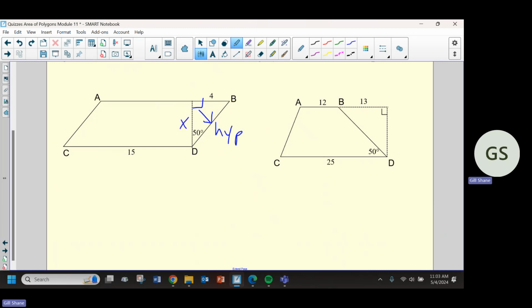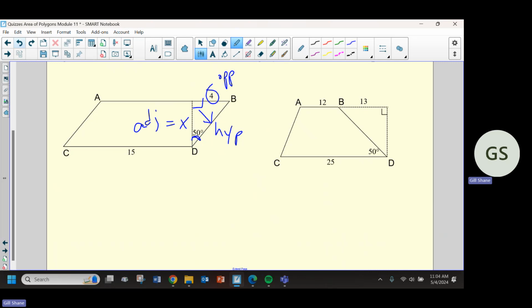This is the side I need over here. I'm not really going to use the hypotenuse. If this is the angle I'm using, this side is the opposite side. It's across from the 50-degree angle I'm using. Then this has to be the adjacent side. Adjacent means next to. So it is next to that angle, right? It's part of that angle.